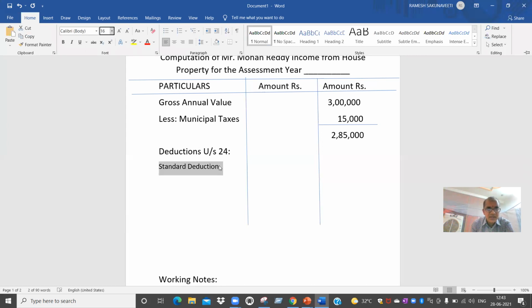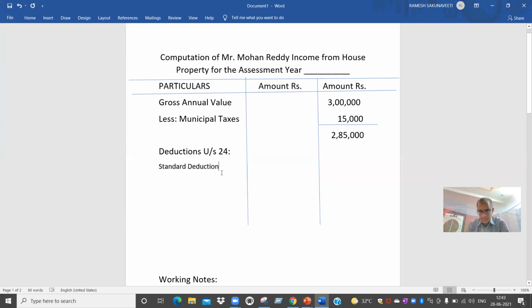Standard deduction, and there is a section also. You have to mention like this: under section 24 in a bracket A. Section 24(a), it means.